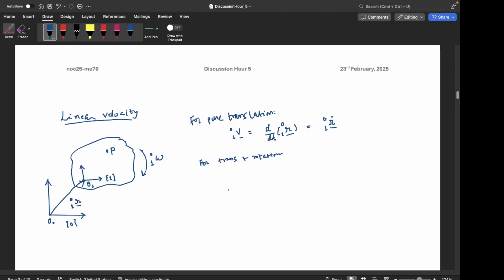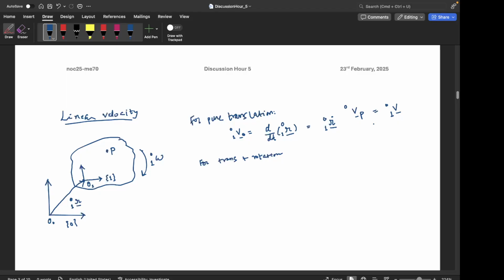So then the velocity of point P, in this case, this is the velocity of O1, and since it's a rigid body and the distance between O1 and P is not changing, their relative velocity is 0.